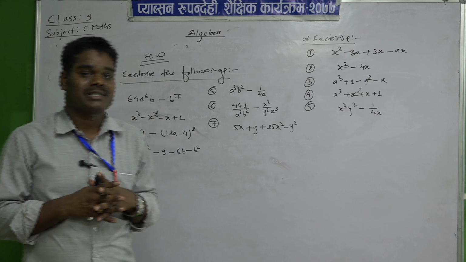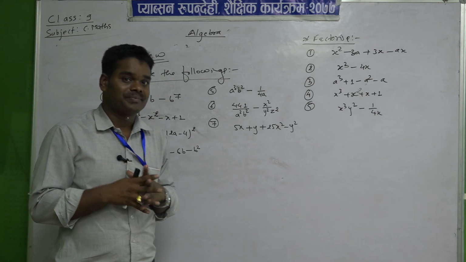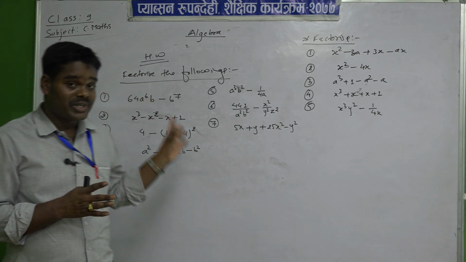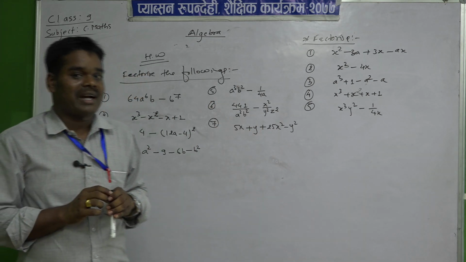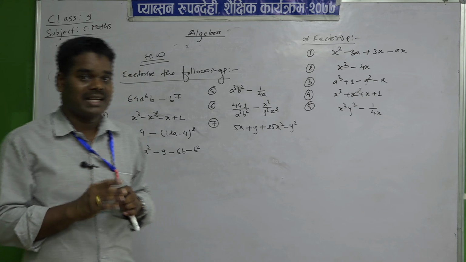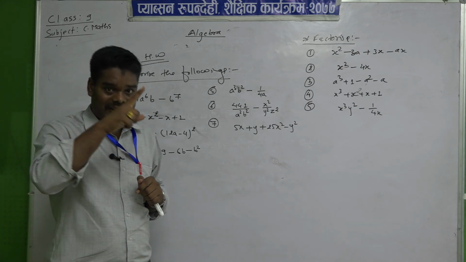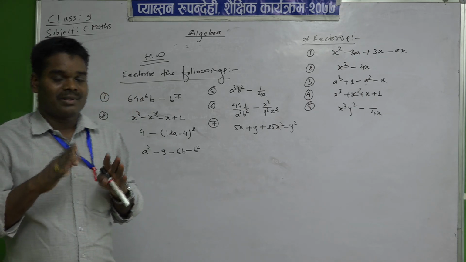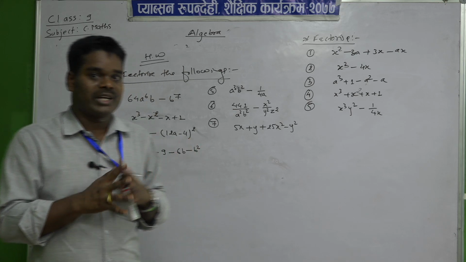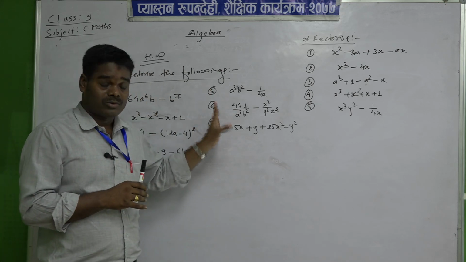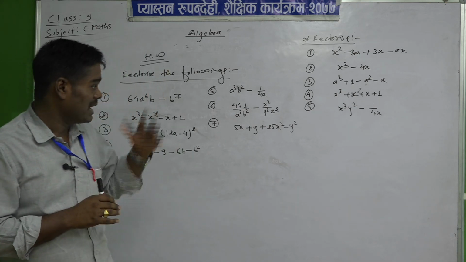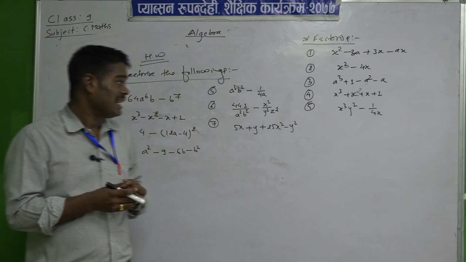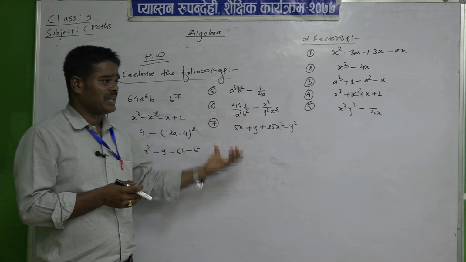If the sign of the last term is plus, then by multiplying the coefficient of the first term and the last term, you find the possible factors in two parts. If plus sign is there, then by adding the possible factors of the two terms, we should get the coefficient of the middle term. If minus is there, then you have to subtract. Likewise, you have to factorize all these.